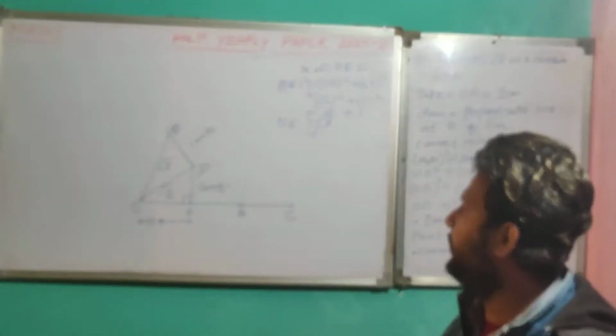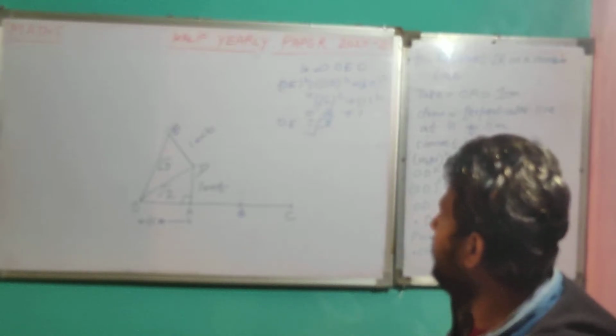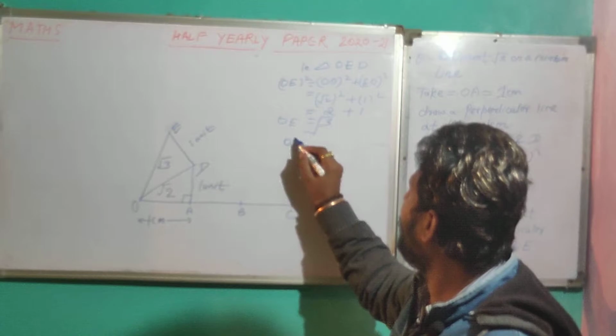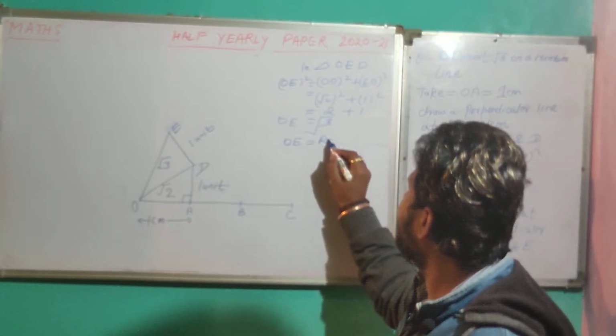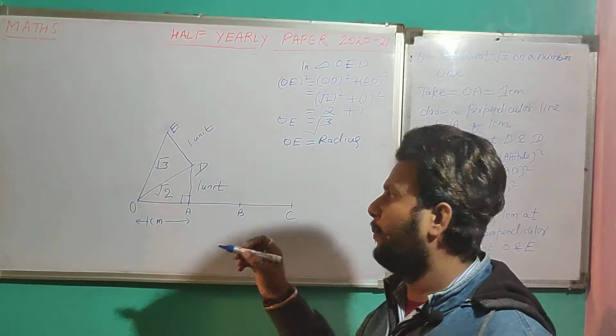Now, we have to represent root 3 on a number line. To represent root 3 on the number line, take OE as radius and draw a complete circle.